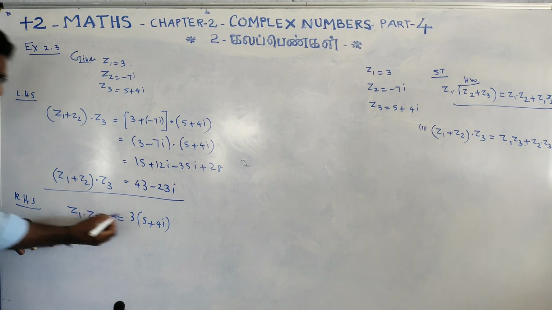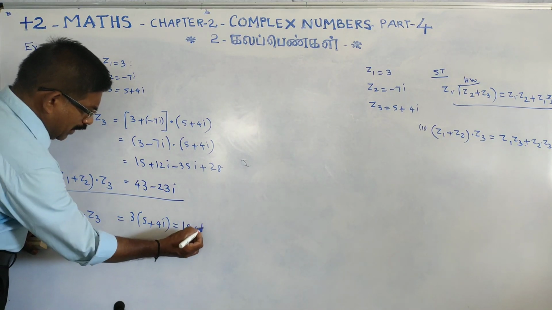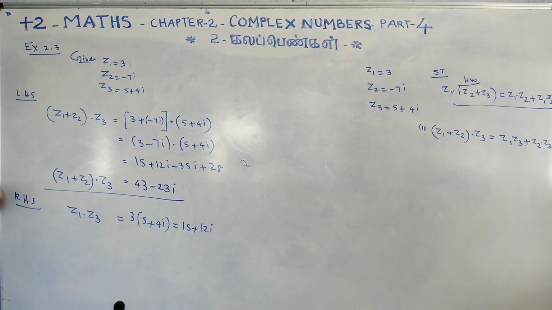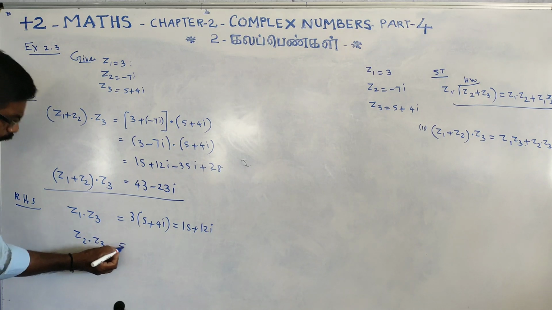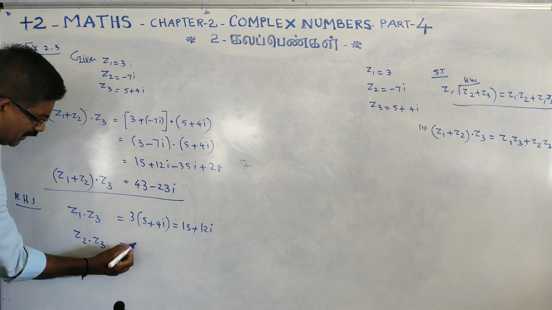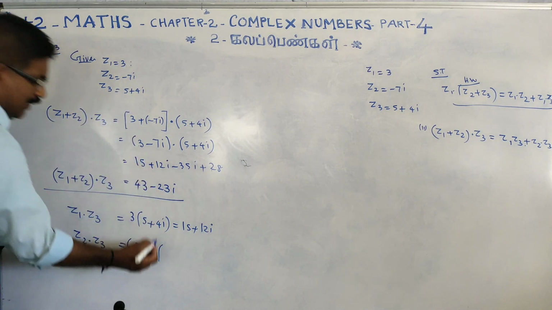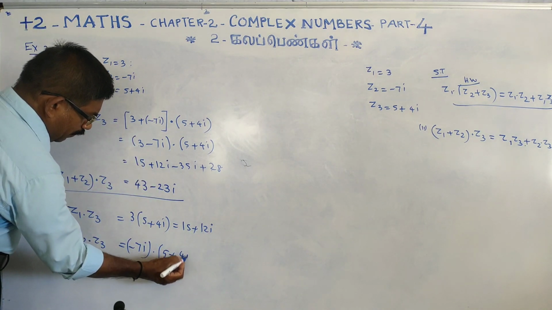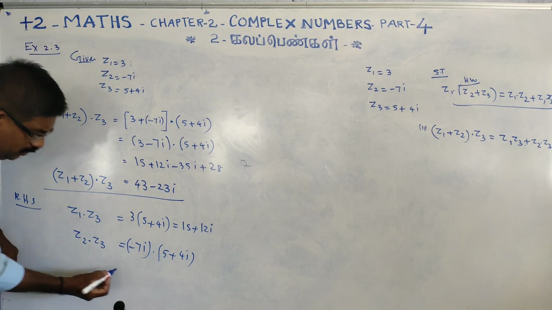Let me multiply. 15 plus 3 into 4, 12i. Okay, next one, Z2 into Z3. Z2 means minus 7i into Z3 means 5 plus 4i. Now we are multiplying.